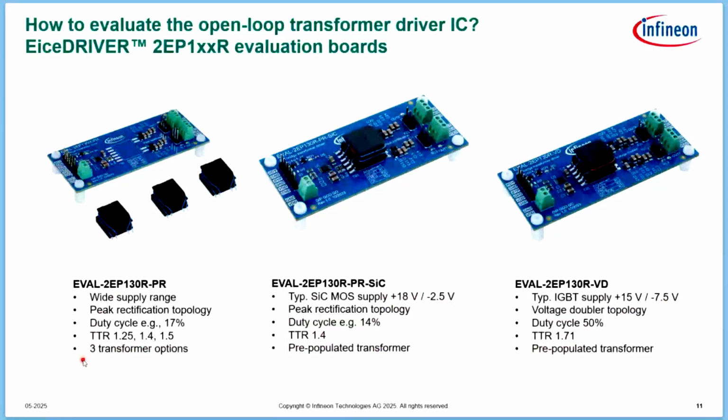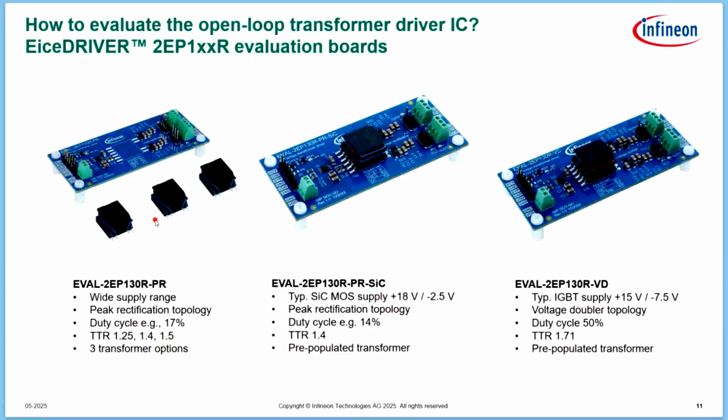And we have, as mentioned, these 3 transformer options. Of course, customers can select with these resistors on the input and a matching duty cycle to build a transfer ratio and an output voltage which matches the application need for MOSFETs, for IGBTs, or even for gallium nitride switches, depending on what is really the requirement.